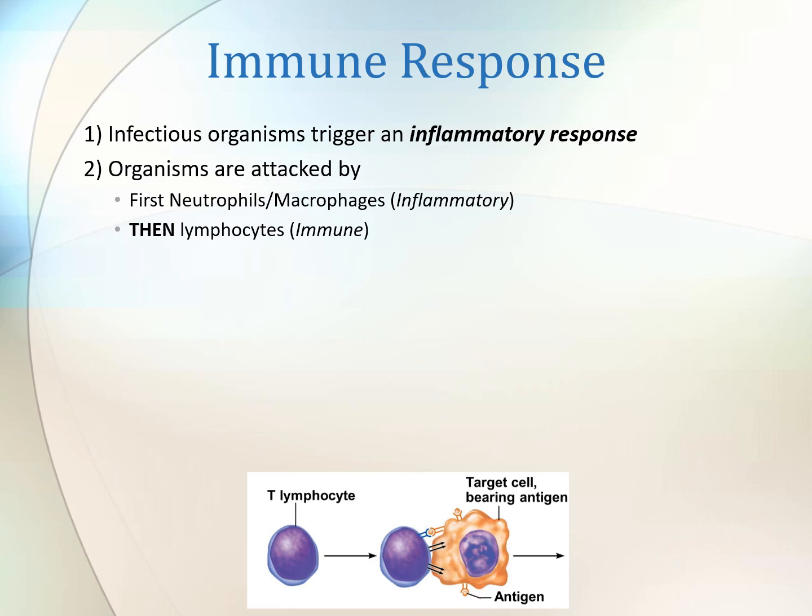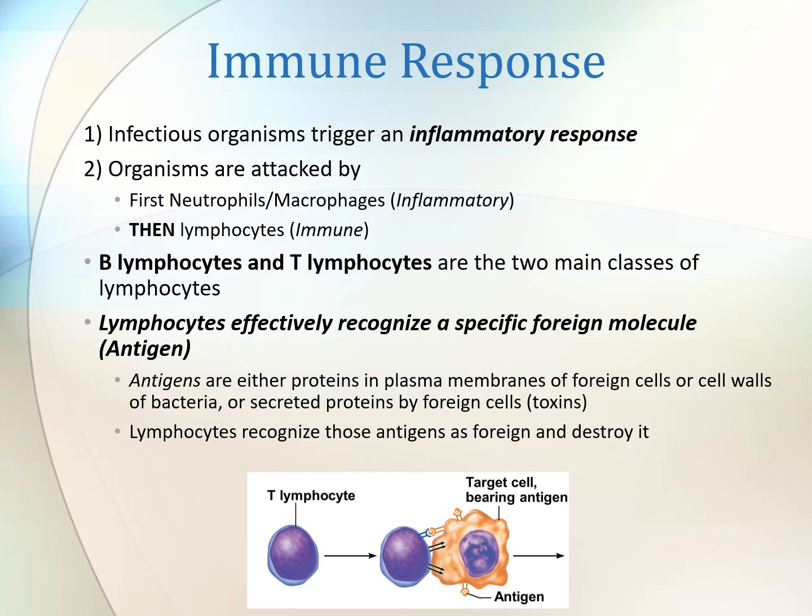But then the lymphocytes are going to kick in and they are going to be probably more effective at killing whatever that may be. Okay, so we have two different types of lymphocytes, B cells and T cells, and they work differently, but they are both lymphocytes. Okay, and we'll talk about the differences in a little bit.